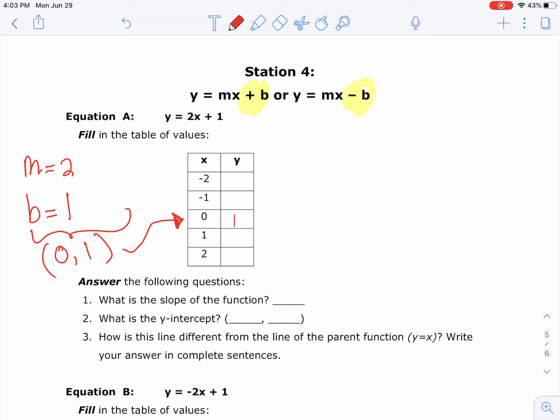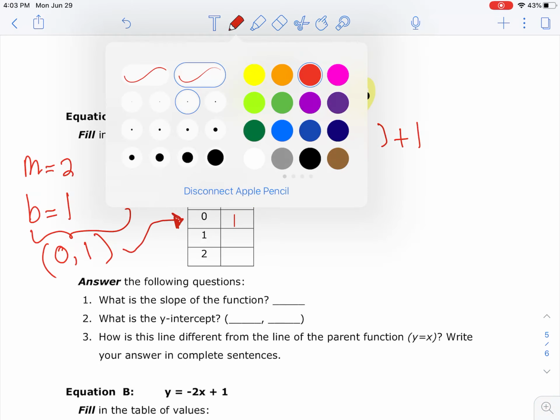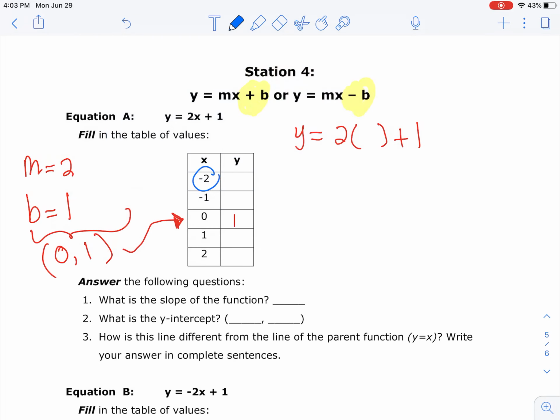So we're going to substitute the values of x and solve for y. So in this case, we're going to go y equals 2 times x, plus 1. So I'm going to start by letting x equal negative 2. I substitute. And remember, between these two variables, we always multiply.